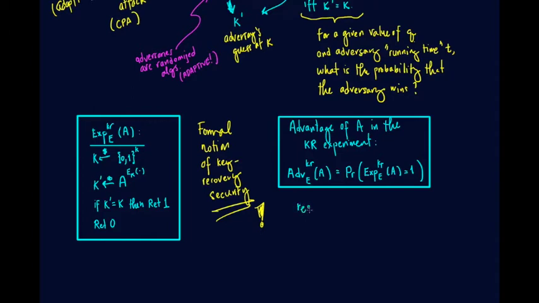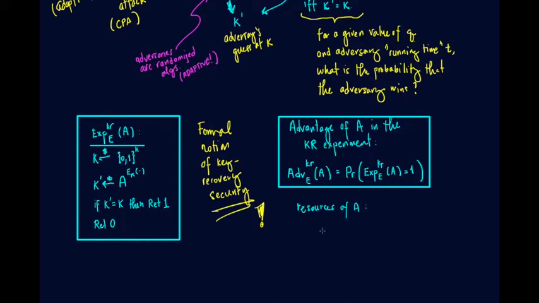So resources of the adversary. By resources, we mean, in this particular case, the information and computational resources. These are the things that you want to track because as they go up or down, they definitely affect the value of this probability.